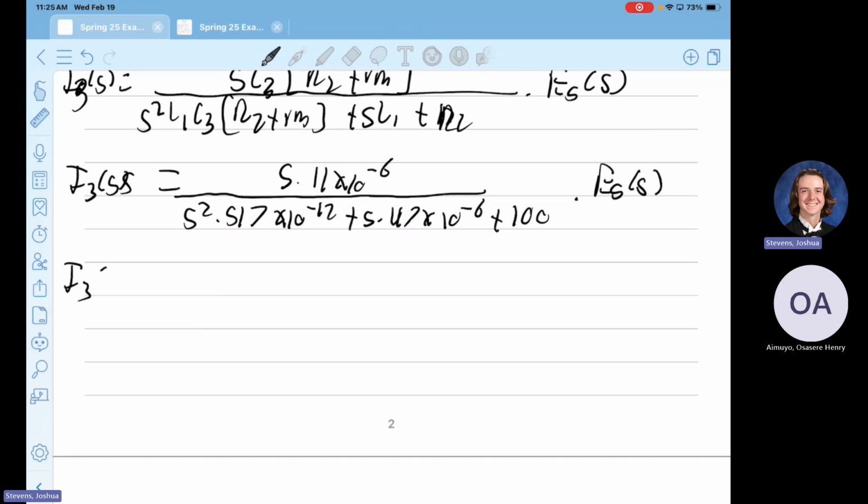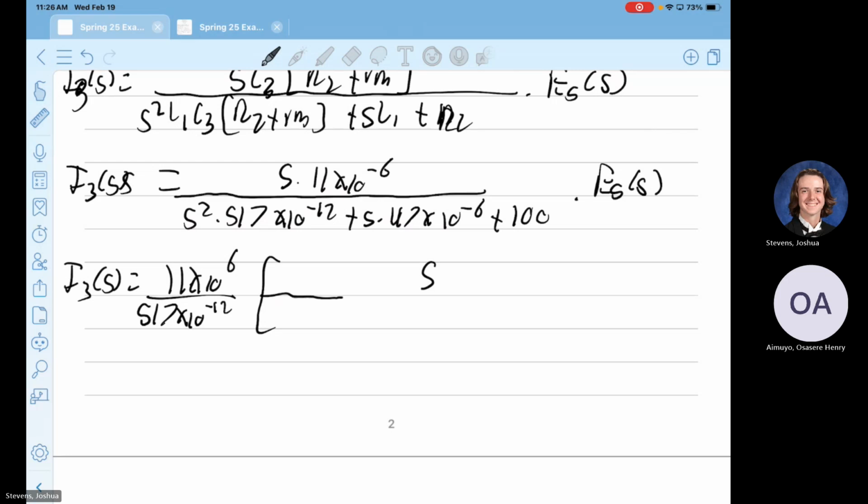So for my I3 of S, I'm going to factor out those highest forms of S on both numerator and denominator. Everything that's left on the numerator is just S. I factored out this number. What do I have to do to this number to get the mathematically correct number that is multiplied by S?